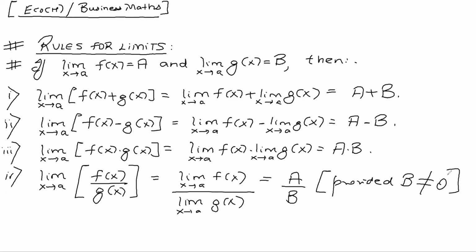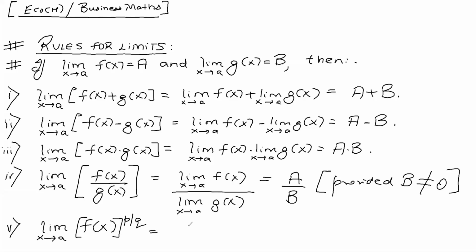Because if the denominator is equal to 0, anything upon 0 gives us infinity, and then my limit will not be defined, because if you can recall, if the limit value is coming out as plus minus infinity, it is not defined. The fifth rule, limit as x tends to a, f of x to the power p by q.